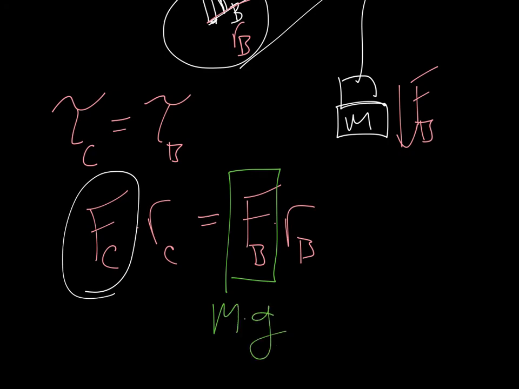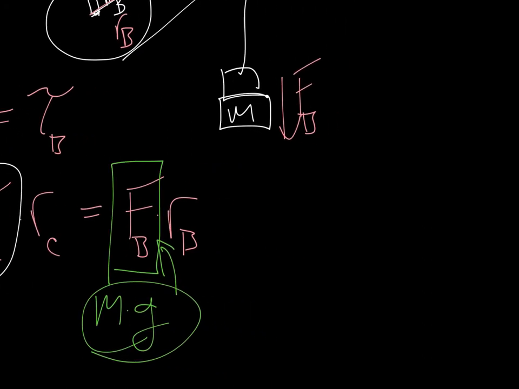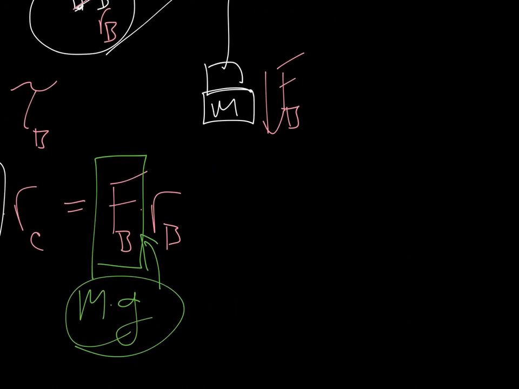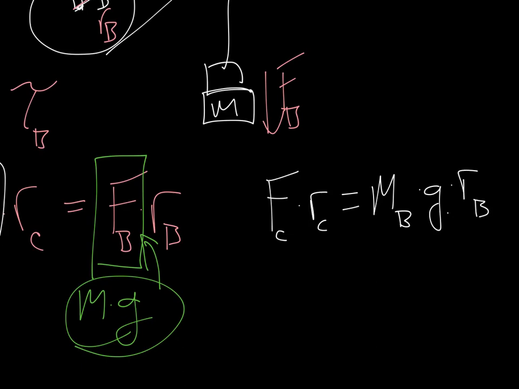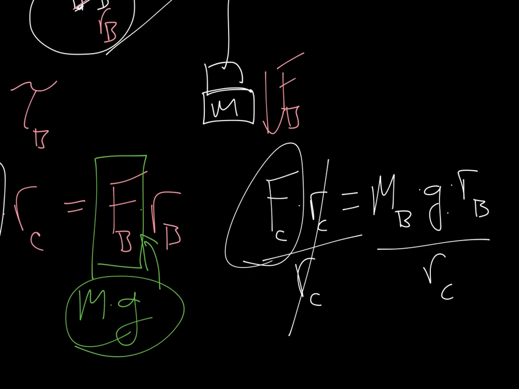So then you would simply plug in m times g right there, and you would end up with an equation that would look like your force applied to the crank times the radius of the crank equals the mass of the bucket times g times the radius of the rod that the bucket is hanging on. Then of course you simply divide by the radius of the crank to figure out your force applied to the crank.